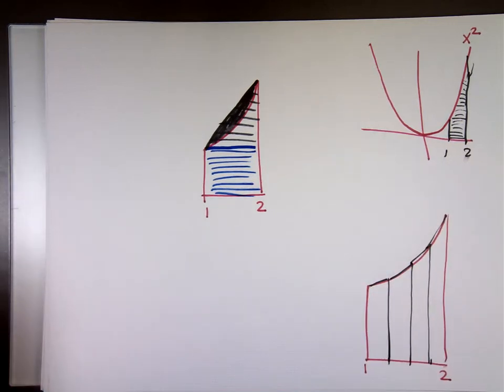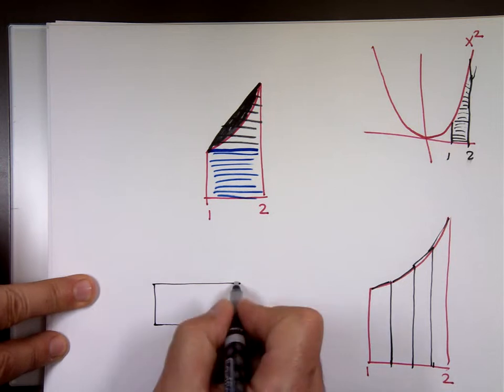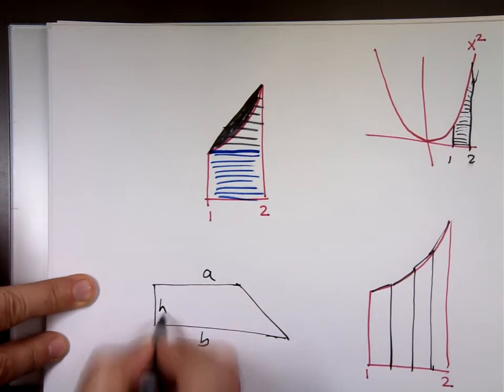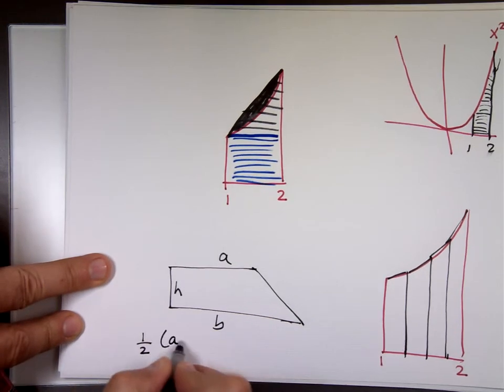You can see I'm adding less area. Some people say, oh, that's a trapezoid. You know, area of a trapezoid. Remember, a trapezoid has a shape that looks like this. If we call this one A, we call this one B, we call this H, the area of a trapezoid is 1/2 (A plus B) times H.